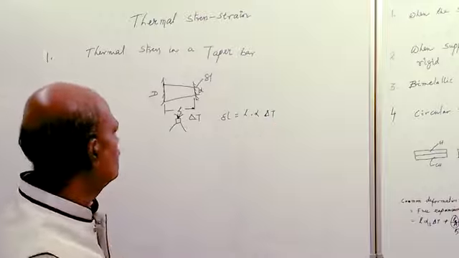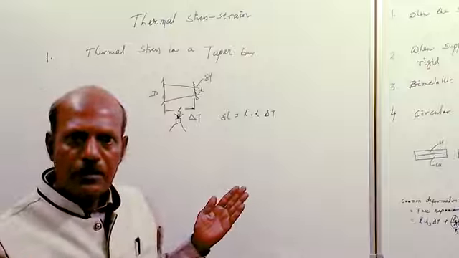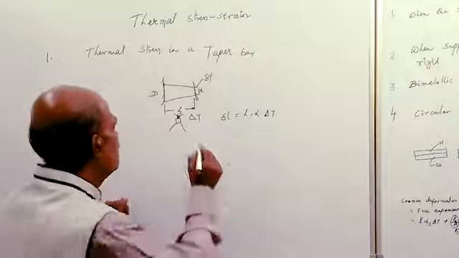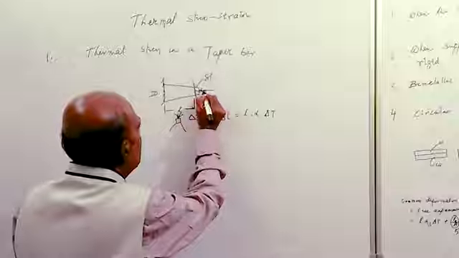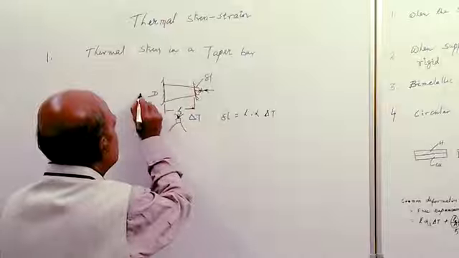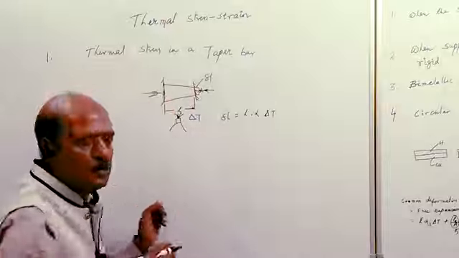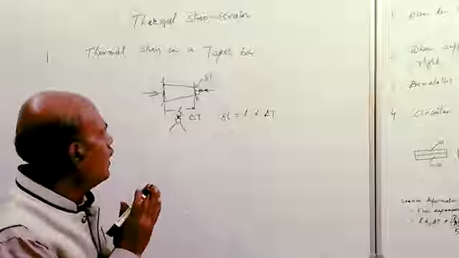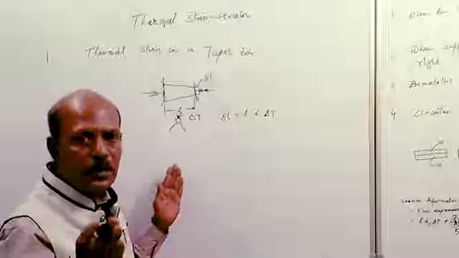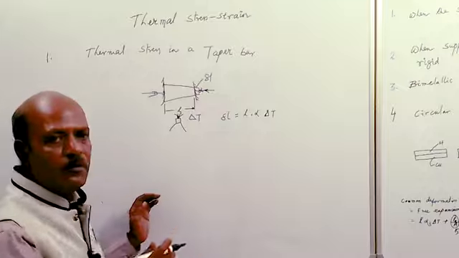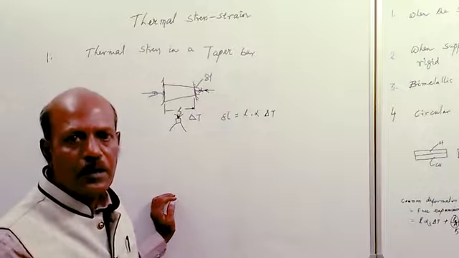Now, as the supports are rigid, what will happen? Because the supports are rigid, they will not allow the bar to expand. Thereby a compressive stress will develop in the bar.